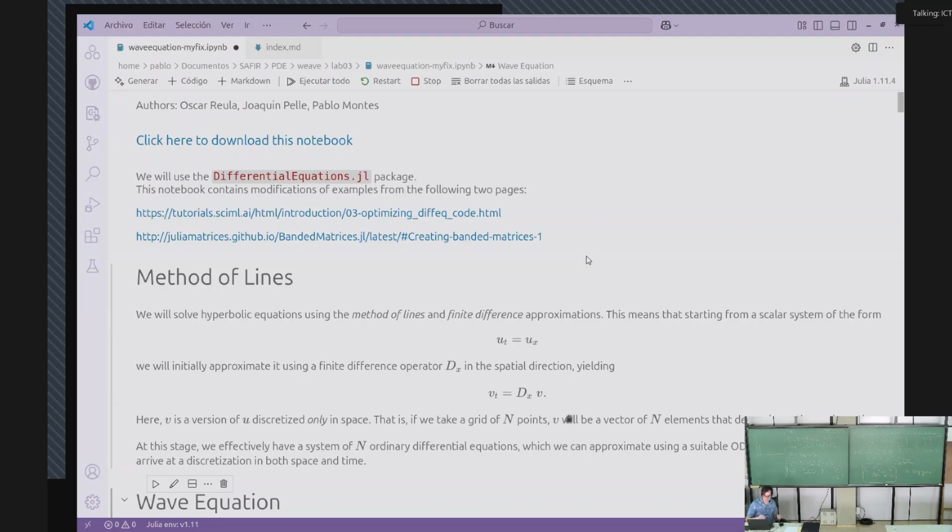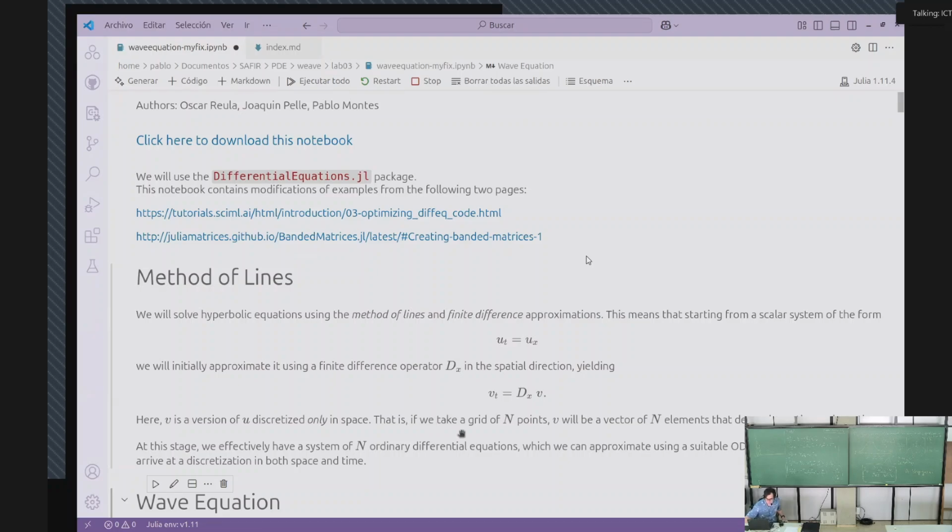So it's important to distinguish between the spatial discretization and the time discretization. In this case, we are only considering the spatial discretization. Later on, we will do some convergence analysis, and we are talking here about convergence of the spatial discretization, not the time discretization. Okay.